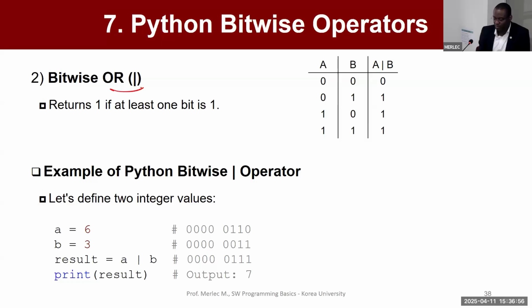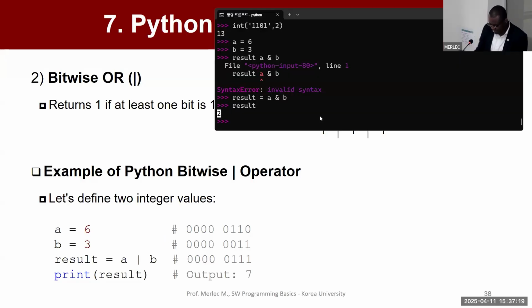With the OR operator, it returns 1 if at least one bit is 1. You can see here 0, 0 gives 0, 0, 1 gives 1, 1, 0 gives 1, and then 1, 1 will give 1. So with the same example, we can now check here. Let me change now the operation. Here is the OR operator.